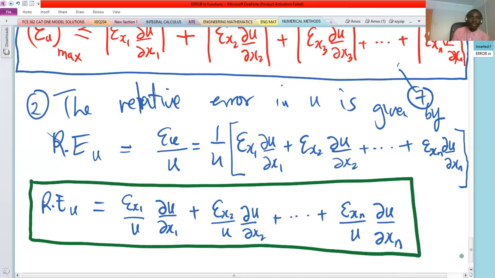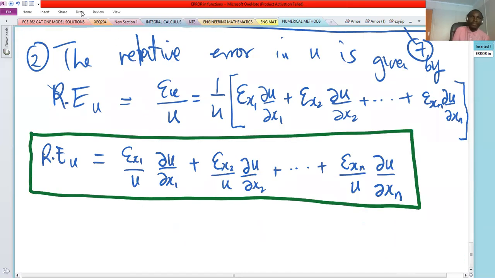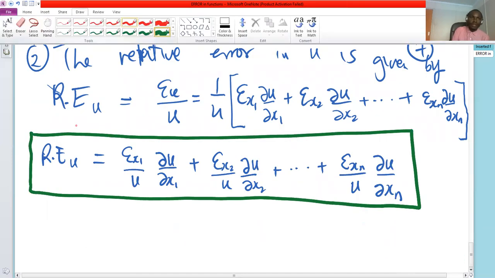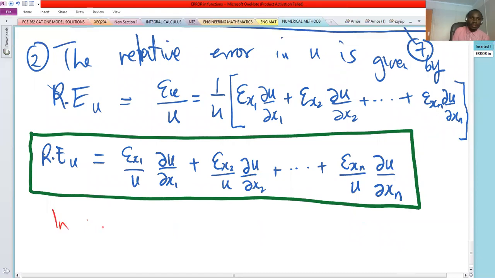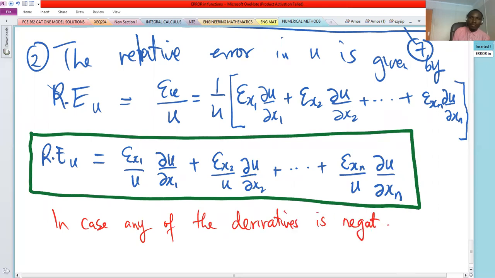And just as we have been given the note in 1, in case any of the derivatives is negative, then take its absolute value.